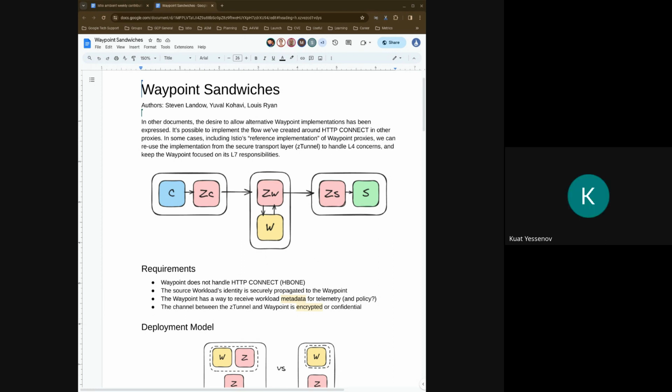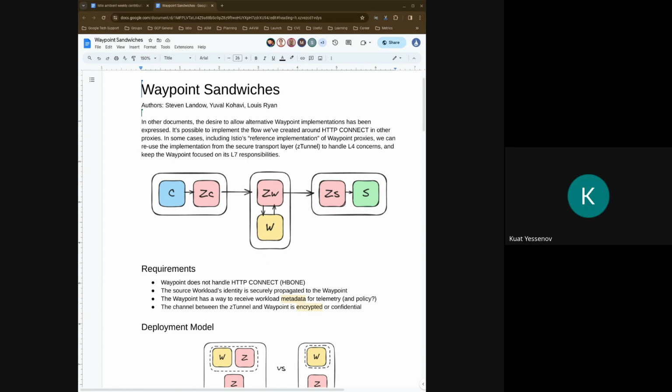But that requires that the load balancing decision is made earlier, right? Oh, you're asking about if the client addressed a service as opposed to a workload. Is that what you're asking? I'm asking about the second arrow from Waypoint to the server. Right.